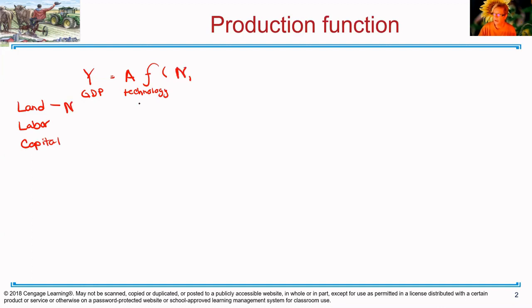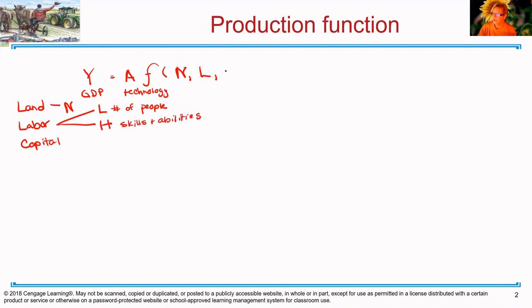That's our land component. Labor, we're going to split into two different ideas. We're going to first say L for labor, and that's the number of people. And then we're going to say H, and that's going to be human capital, the skills and abilities.